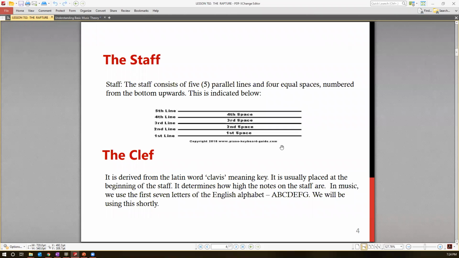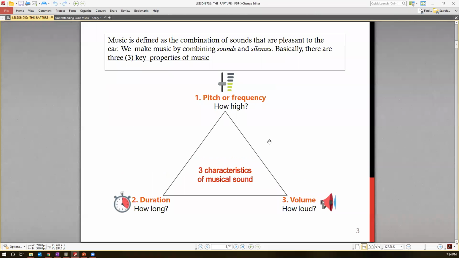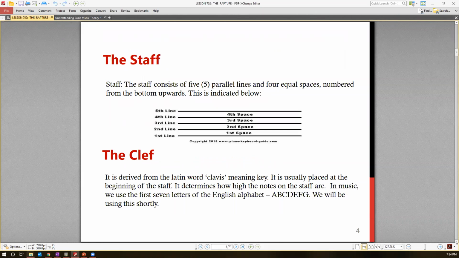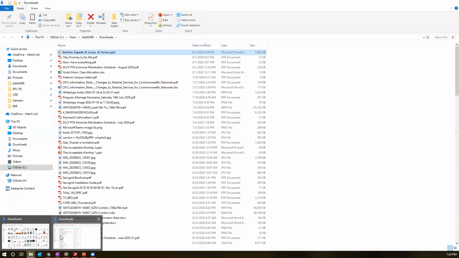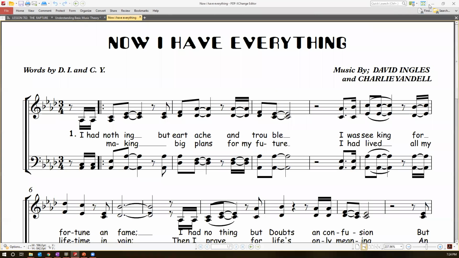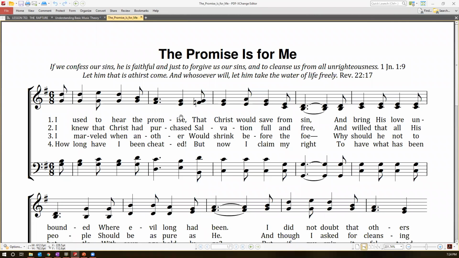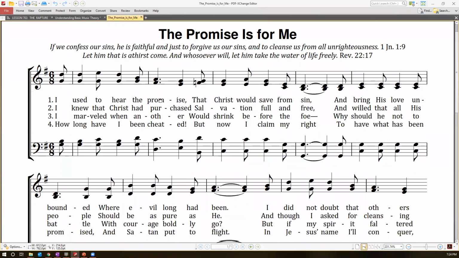Now we're going into identifying and naming various elements on the music sheet. Before, when we started, I showed an example of what we normally expect to find on sheet music. So this is a sheet music.